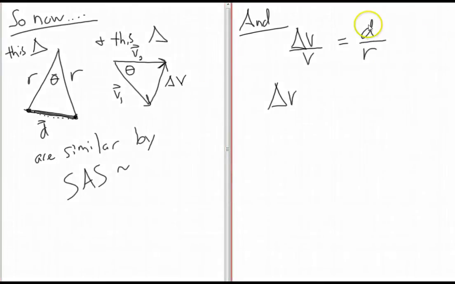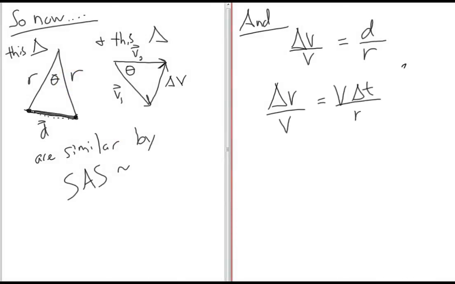You say, wait a second, you never mentioned that was displacement vector. Well, actually I did technically, and remember, displacement is just the distance from where you end to where you begin from. So that's displacement vector right there, divided by r, which is one of those sides. So we've got this side over one of those two congruent sides of this triangle is equal to the proportion of the side across from theta divided by one of those sides.